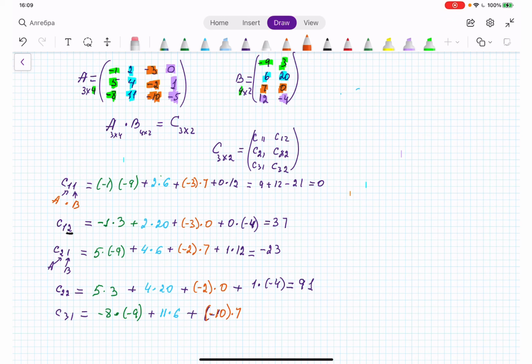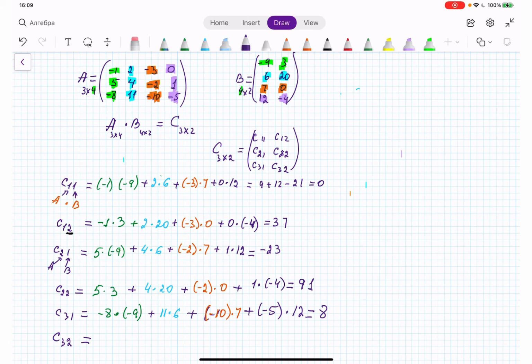And negative 5 times 12. And the result is going to be 8. And the last one, C32.